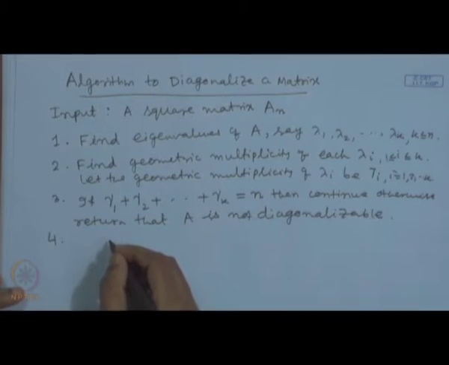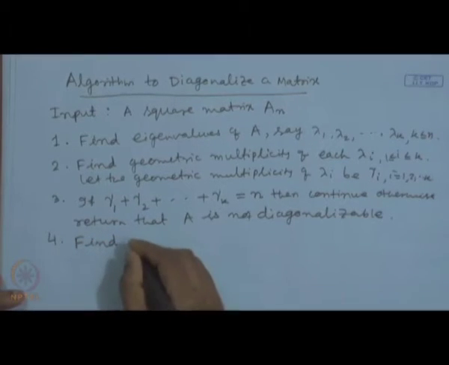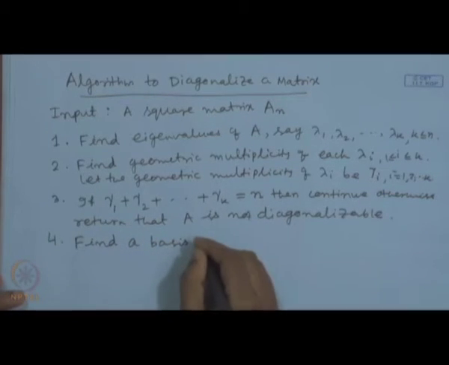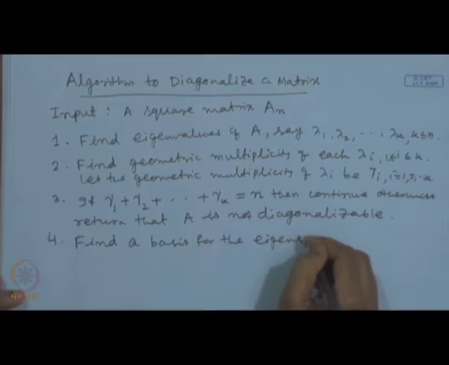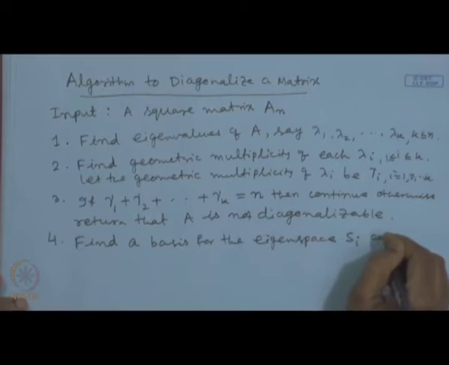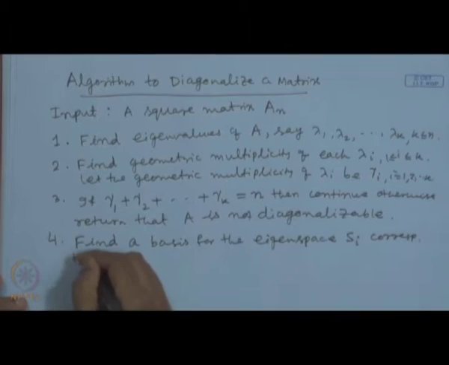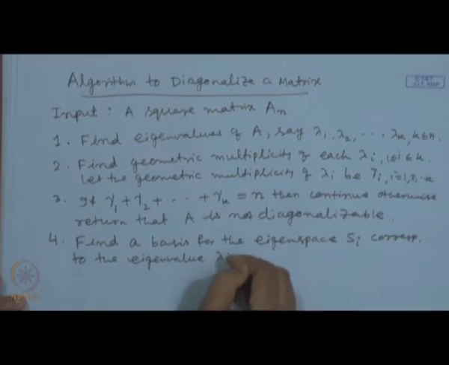Then for each eigenvalue we shall find a basis for the eigenspace Si corresponding to the eigenvalue lambda i, for i equal to 1, 2, up to k.